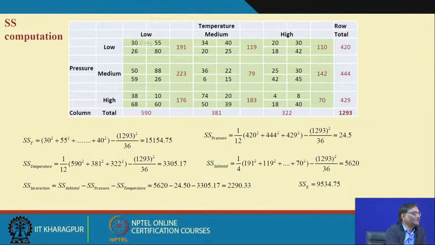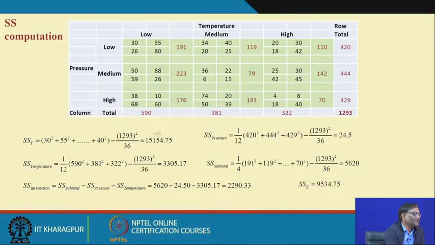Now, what is SST? SST is the sum of squares of all the observations. Here a equal to 3, b equal to 3 and n equal to 4, so abn is 36. All 36 original experimental values are squared and summed, minus the grand total 1296 squared divided by abn, that is 36.